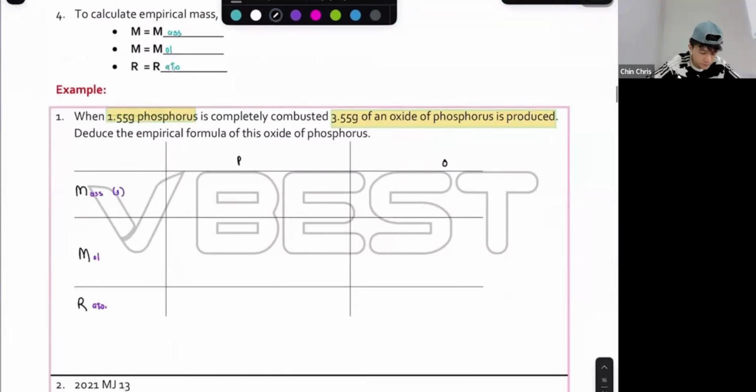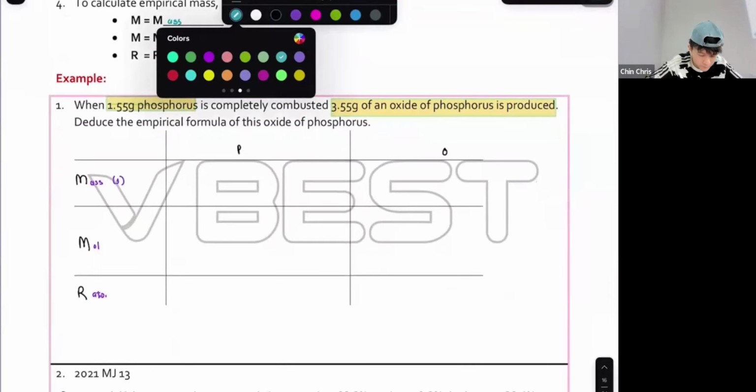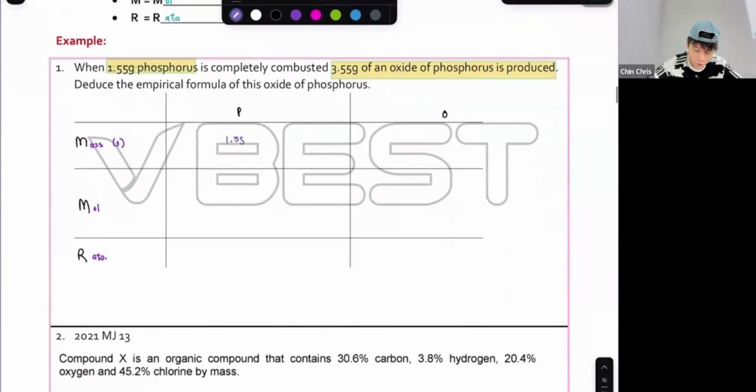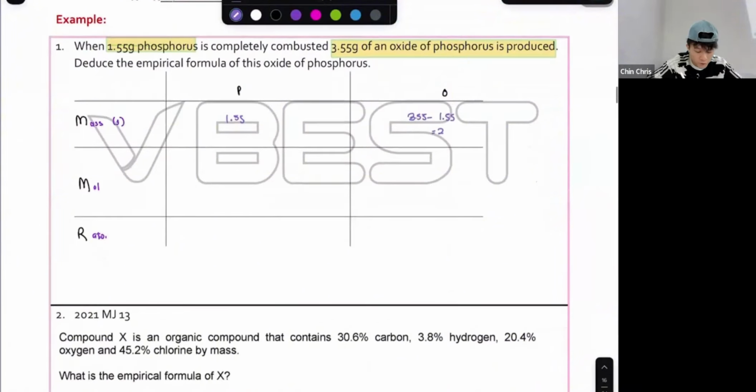Done. Okay, guys, let's go. 1.55 grams of phosphorus. How many grams of oxygen? 2 grams. Correct. Phosphorus Mr is 31, oxygen is 16, 0.125.